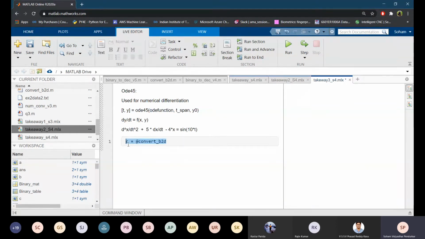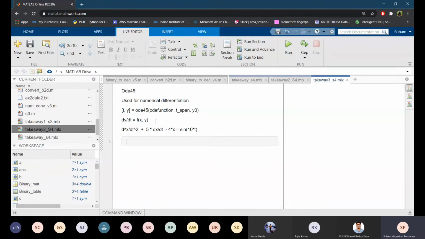So now we'll define an actual function, something called an anonymous function, which is used where you don't have to explicitly program a function. For example, in our case, y is equal to t square.